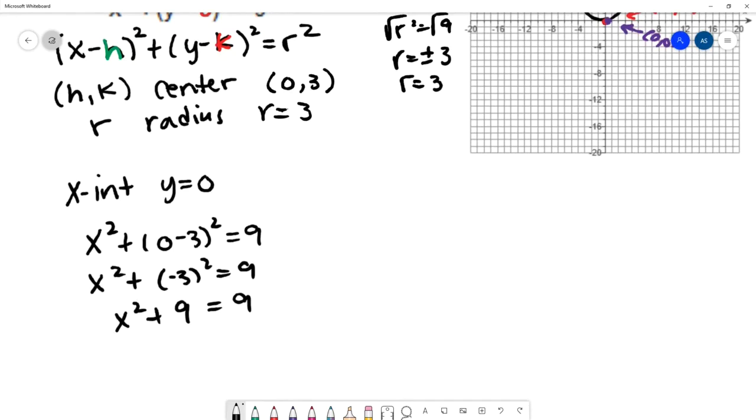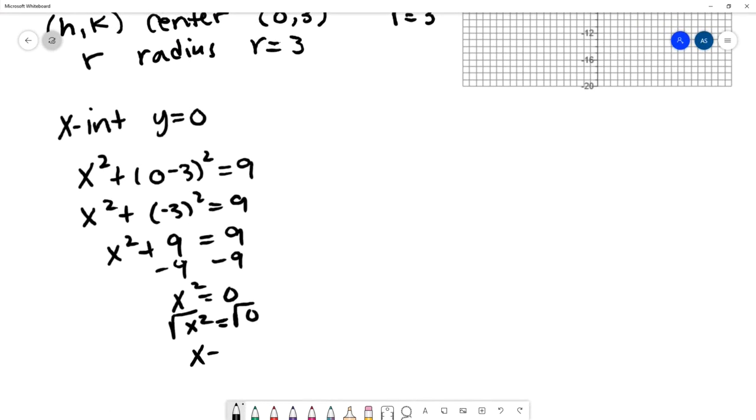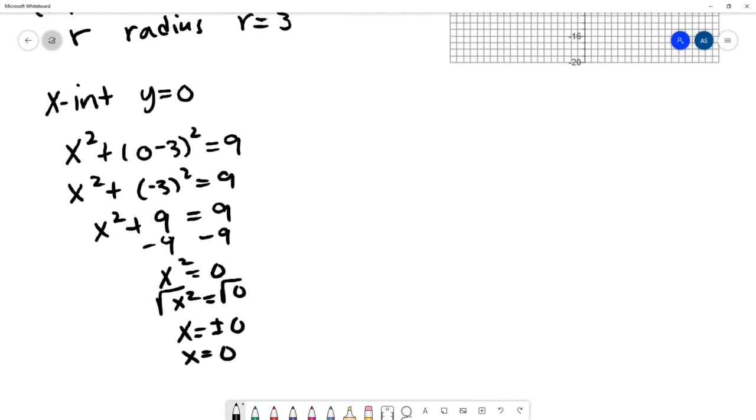I'm going to solve for x. So I'll subtract 9. That gives x squared equals 0. If I square root both sides, I'll get x equals plus or minus 0. And 0 is a neutral number, so it doesn't have a plus or minus. Just 0. So that gives us our x-intercept of 0, 0.